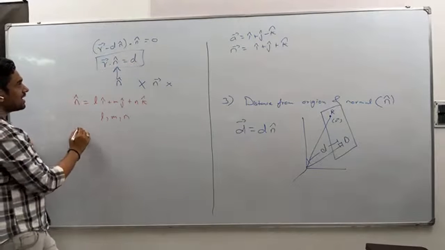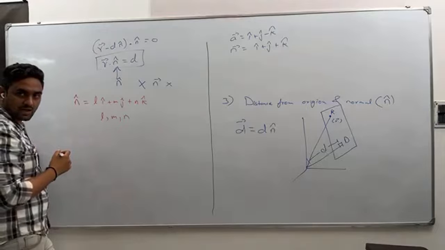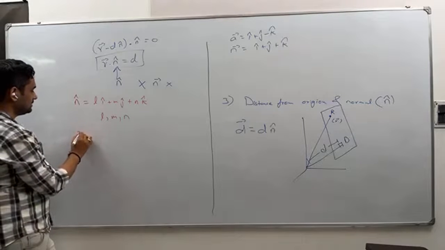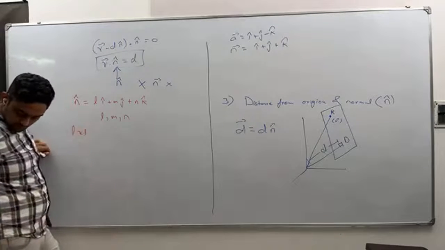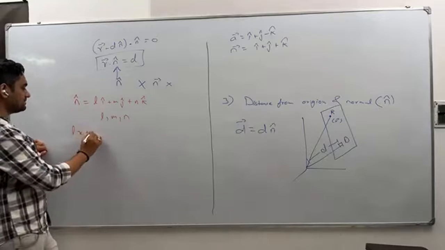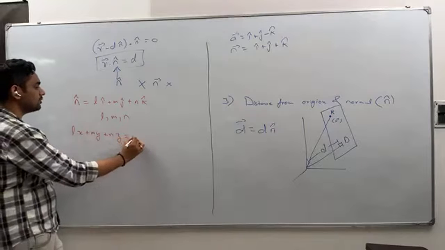So r will obviously be x i cap plus y j cap plus z k cap. So we will get lx plus my plus nz.